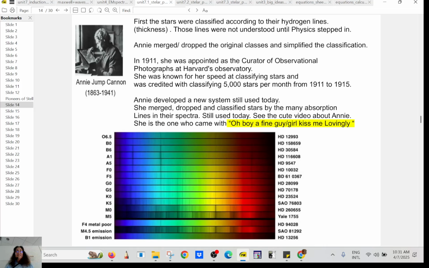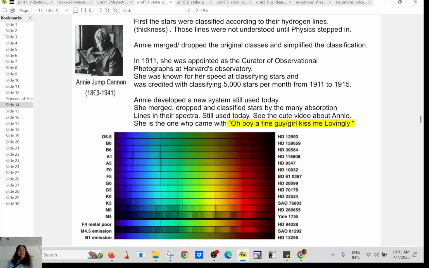Then the scientists, the physicists, used her work to try to make sense of what was going on: why O stars, the blue stars, had this QR code here, why G stars, like our sun, had this QR code here, and why a small red star had this QR code. So they knew the color, they knew the classifications, but they didn't make sense of it yet. They were still trying to understand what was going on.